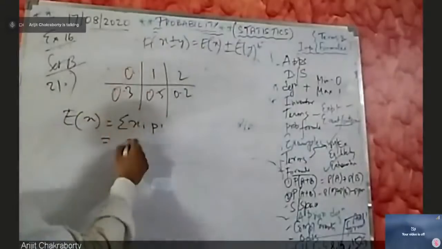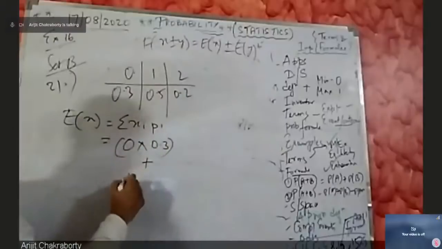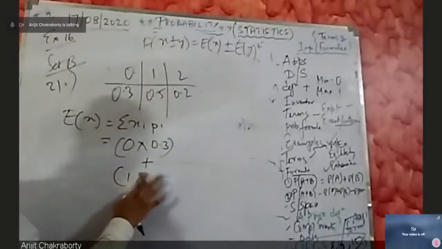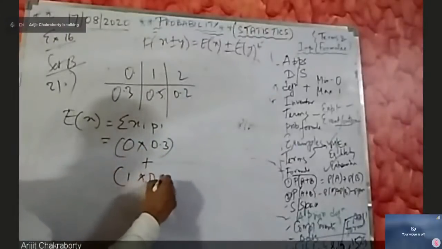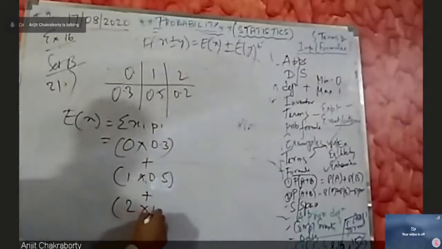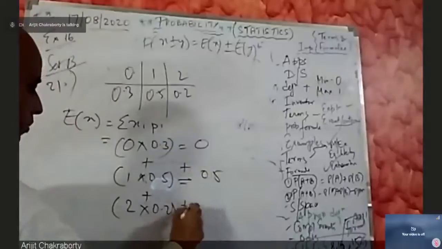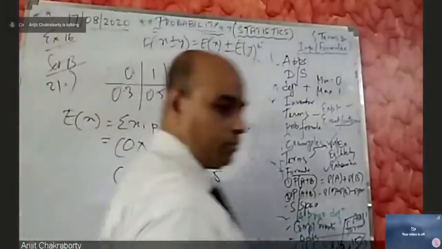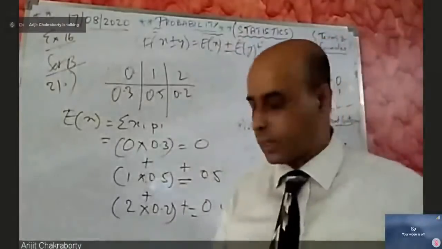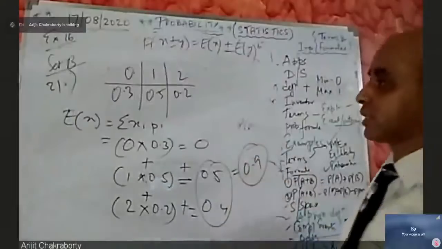That means here 0 into 0.3 plus 1 into 0.5 plus 2 into 0.2. So this gives me 0, this gives me 0.5, and this gives me 0.4. This is coming to 0.5 plus 0.4, that is 0.9. My answer is coming to 0.9.